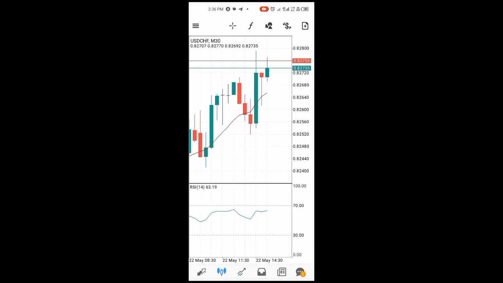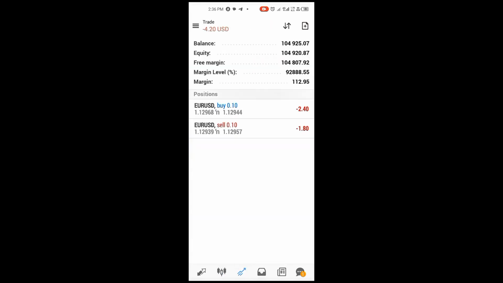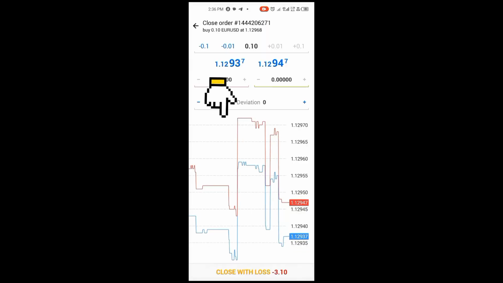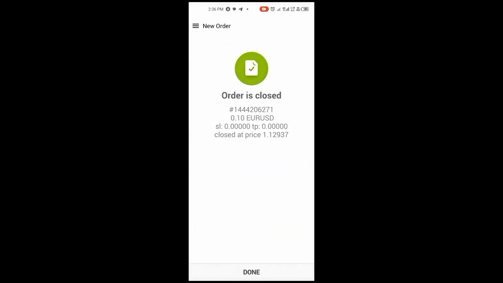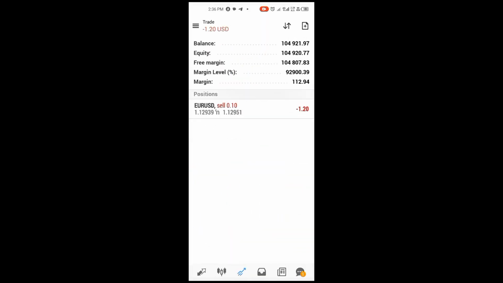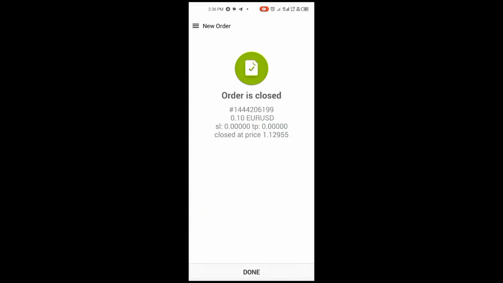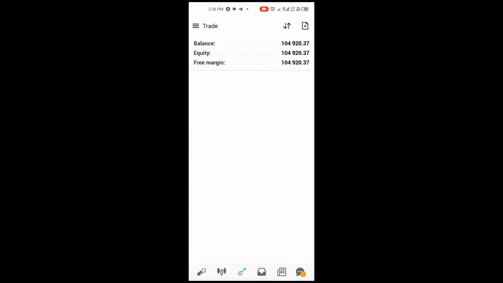Now, if you want to close this trade, what you do is you long press and close order. You see, close order. So you see, it's as simple as that.